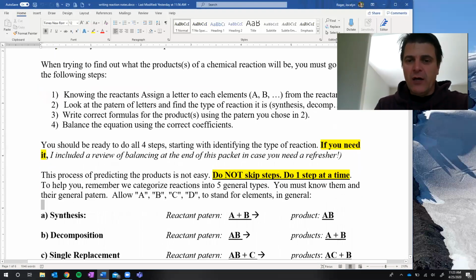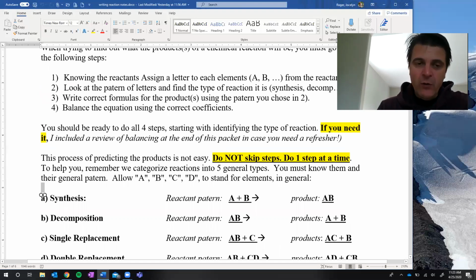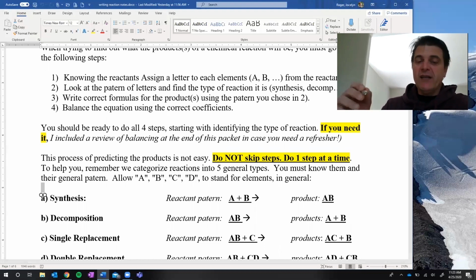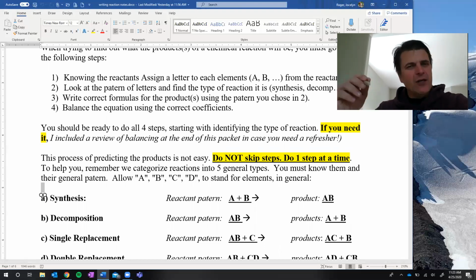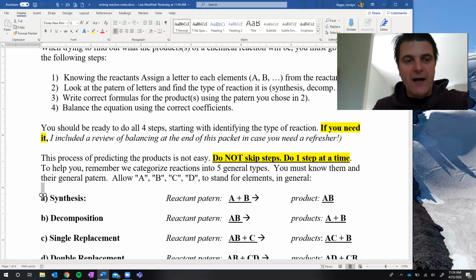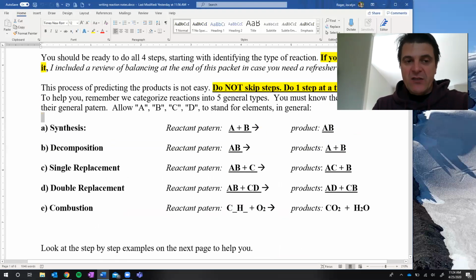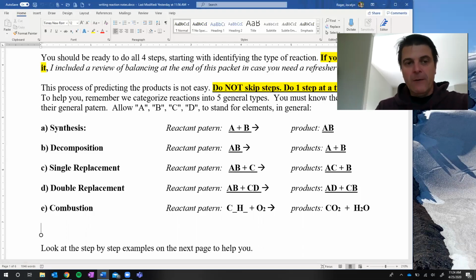So I'm going to do an example with you, and hopefully this will make it easier to understand, and that way you can come back to the video and pause it. So again, these are the types of reactions that we talked about: the synthesis, the decomposition, the single replacement, double replacement, and the combustion.